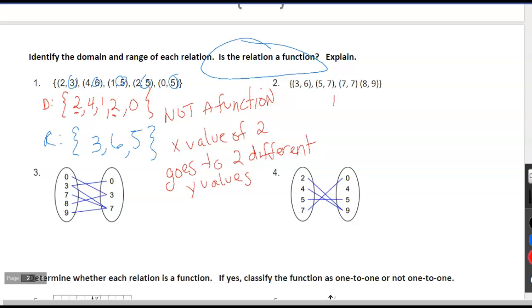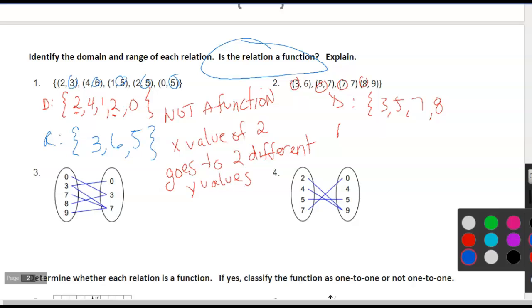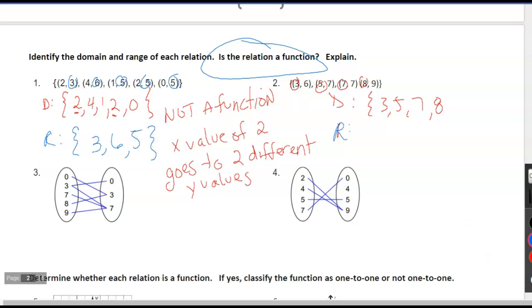Over here, I do my domain. My domain is 3, 5, 7, and 8. Just my x values, 3, 5, 7, and 8. And my range, I always do bad on those brackets, but there.